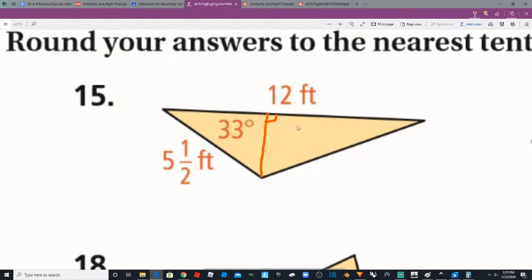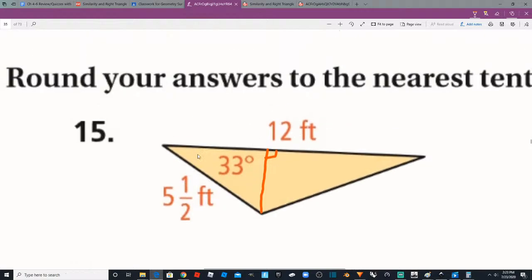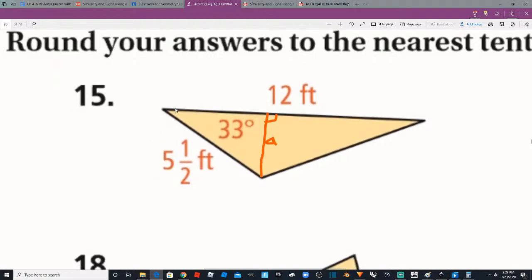I have an altitude, and we're going to try to find the area of this. Let's call this A, and we have an angle and a side length. So we want opposite and hypotenuse, which is associated with sine.